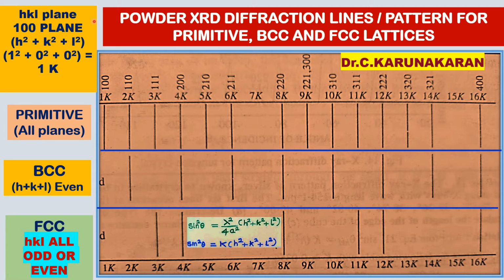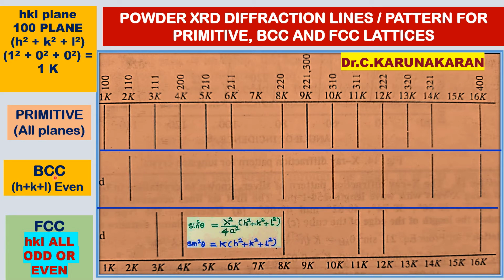For the hkl plane, 100 plane, h square plus k square plus l square is 1 square plus 0 square plus 0 square, 1k, that is sine square theta equal to k into 1, therefore 1k. For primitive lattice, all lines are observed, all lines are present except 7k and 15k.